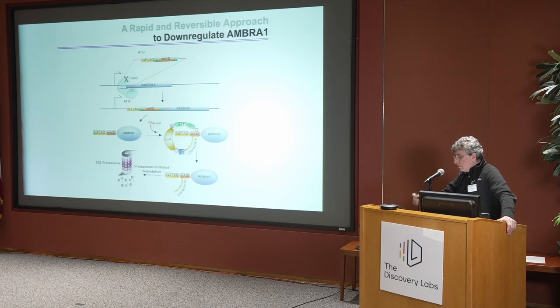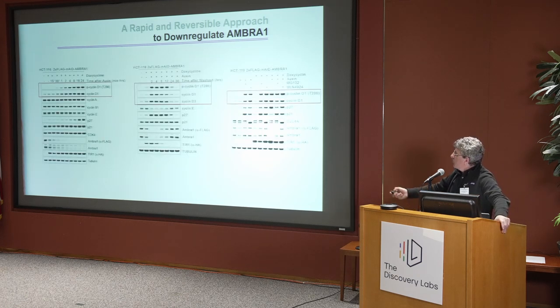Auxin is a plant hormone that induces degradation of downstream targets, working as a molecular glue that was discovered by Nick Zheng. And this system is used to downregulate proteins in mammalian cells by treating the cells with auxin.